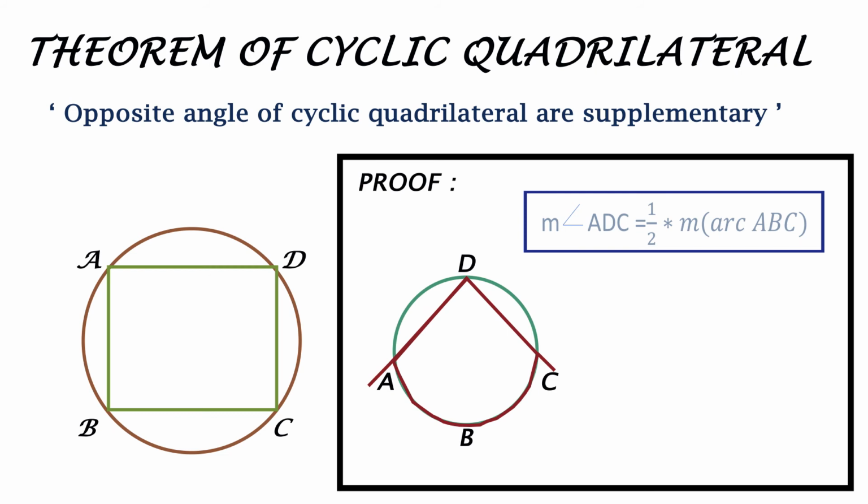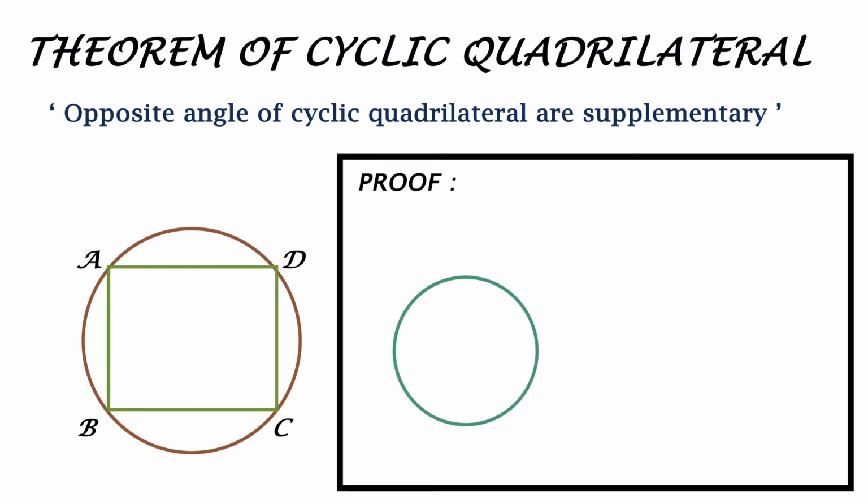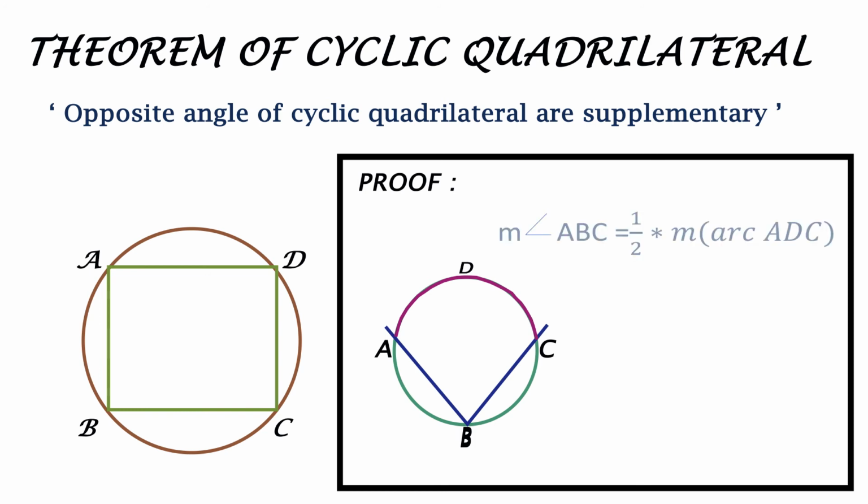Similarly, next, in another diagram, again a circle is there. In that, angle ABC is an inscribed angle and it intercepts arc ADC.